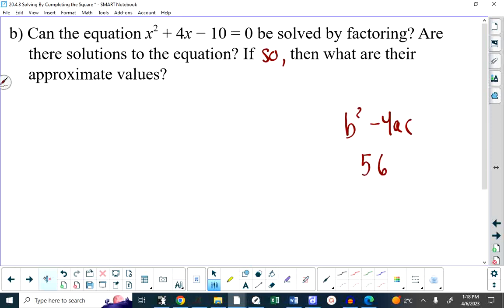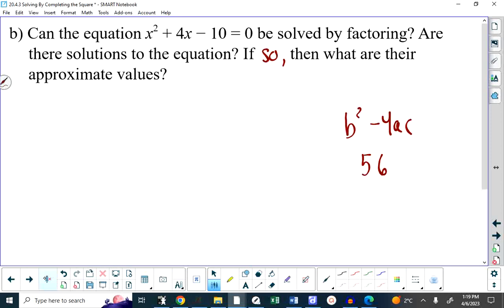I want to say 56. When you square negative 4, you get 16. Minus 4 times 1 times negative 10 will be adding 40, so we get 56. So that's not a perfect square. The answer is it cannot be solved by factoring.